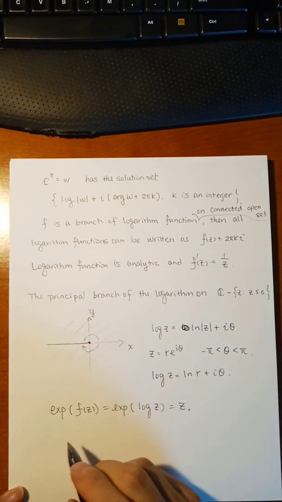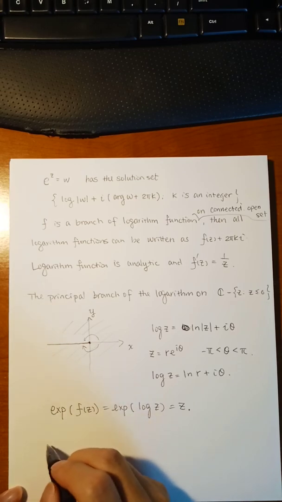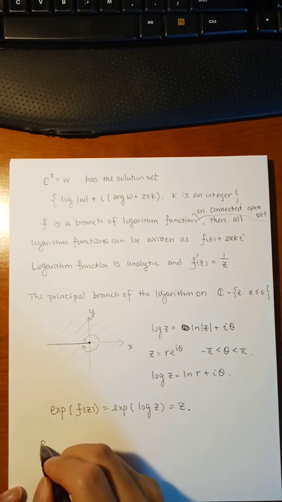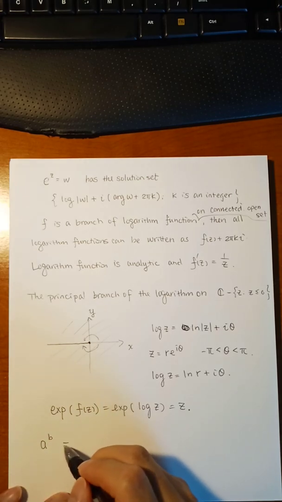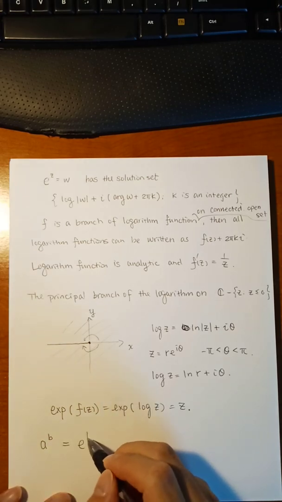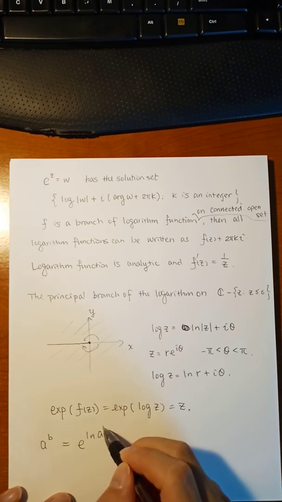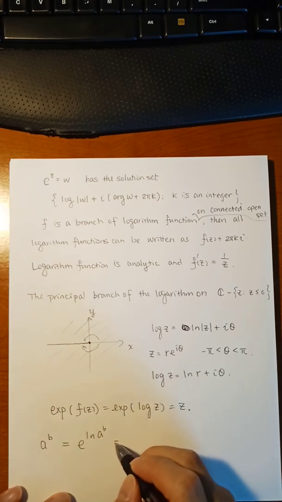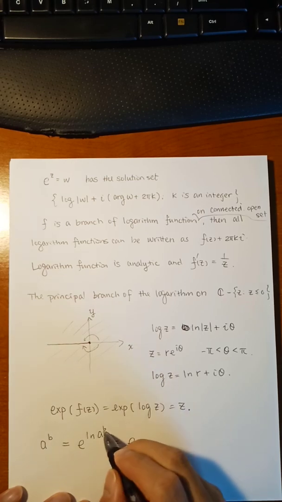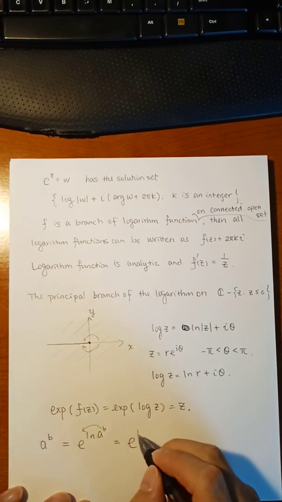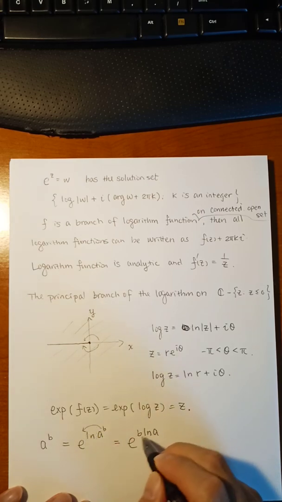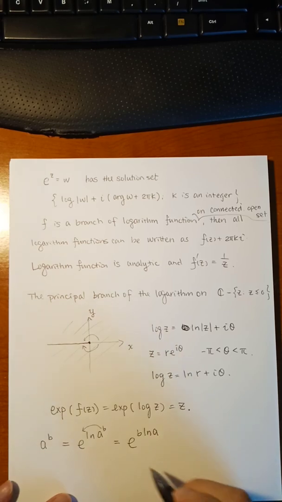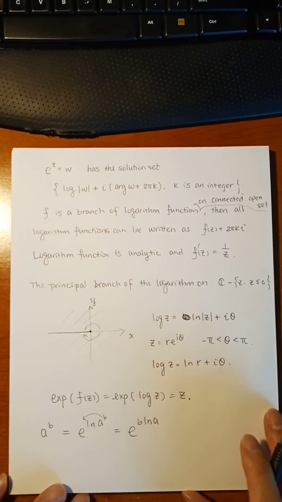The other thing is that, remember, when we have a to the b's power in calculus, we can write it as exponential of log a to the b's power. You apply the property of the logarithmic function in real calculus, so you move b forward: b times natural log of a, composed with the exponential function.